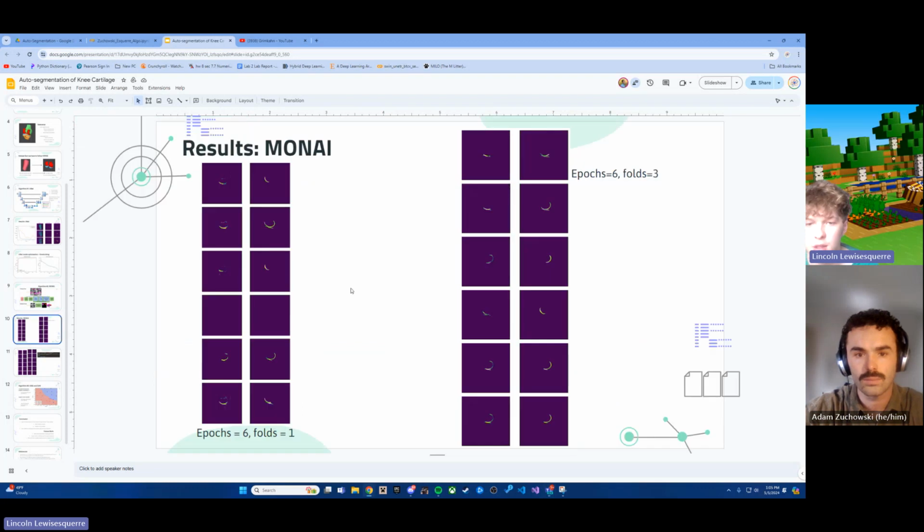So, results. The first one on the left here is with 6 epochs. In order to organize your data, we split it up 20% testing and 80% training, because we don't have a huge data set, considering a lot of other MRI data sets have hundreds and thousands of different images.